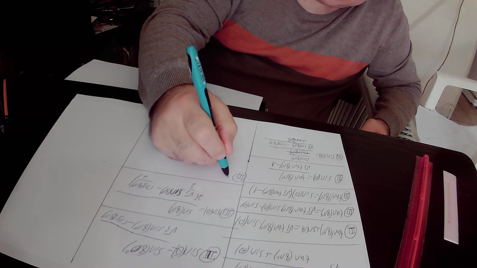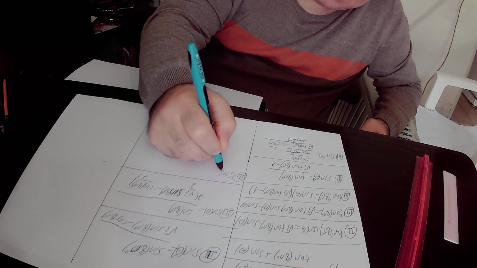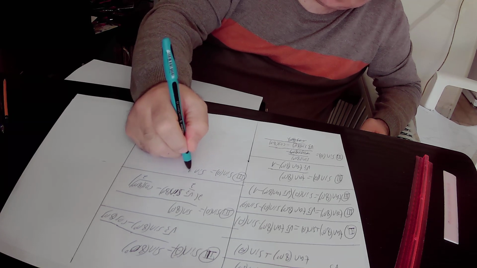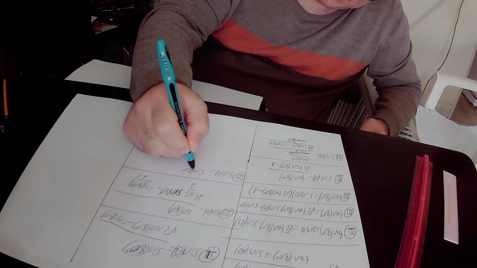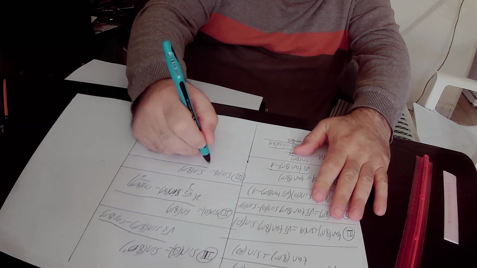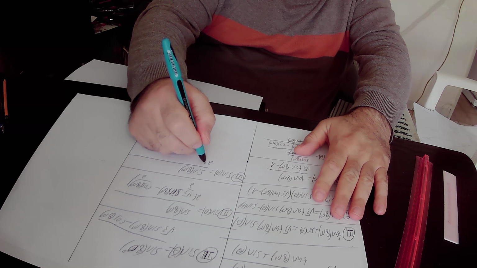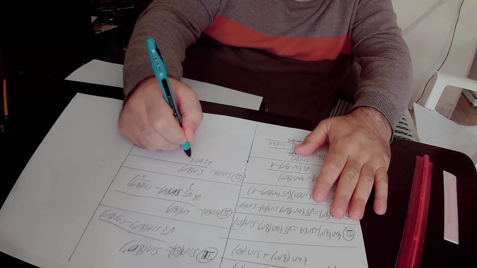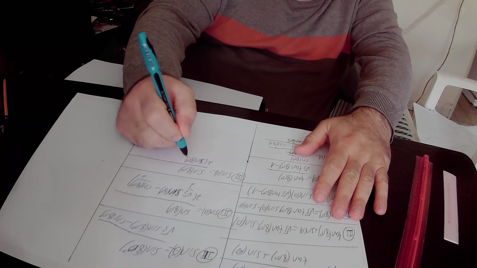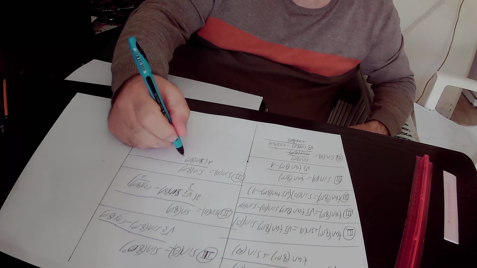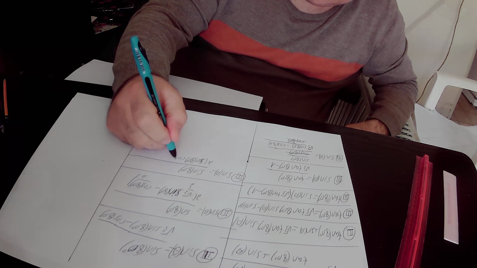sine theta equals sine 80 degrees over 2 times sine 80 degrees, and we substitute square root of 3 over 2 by cosine 30 degrees.